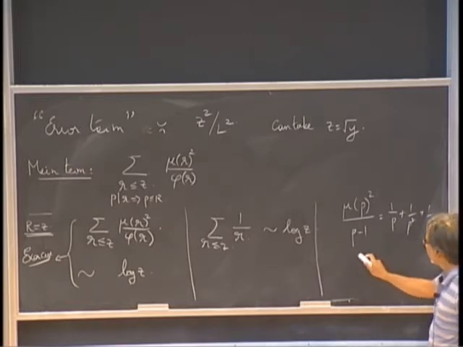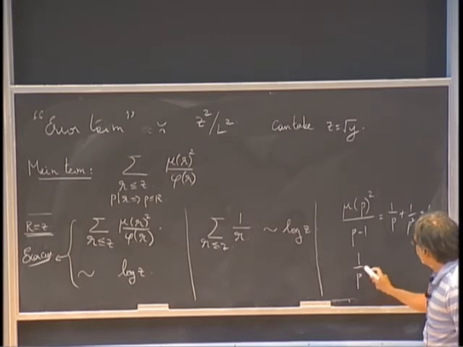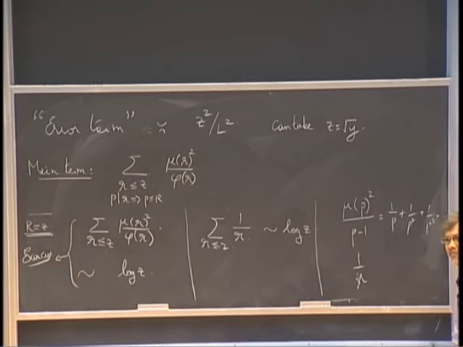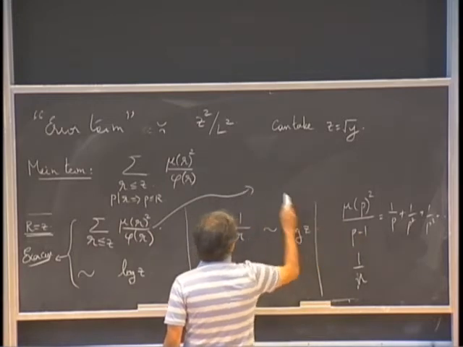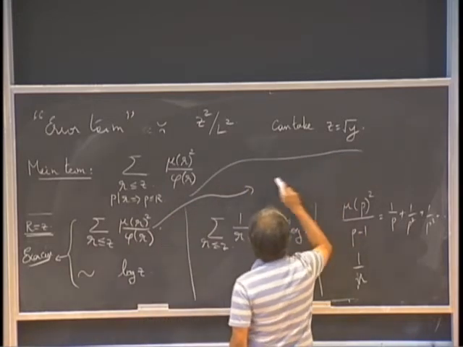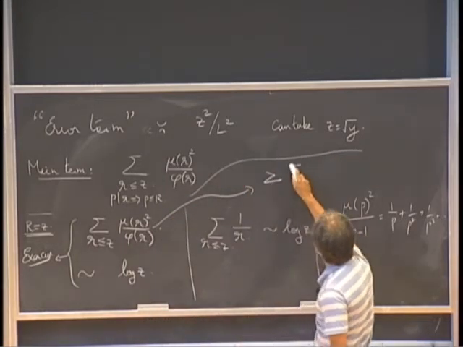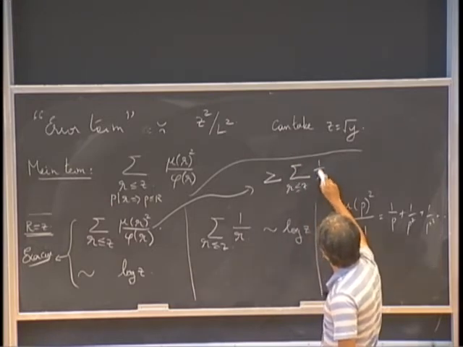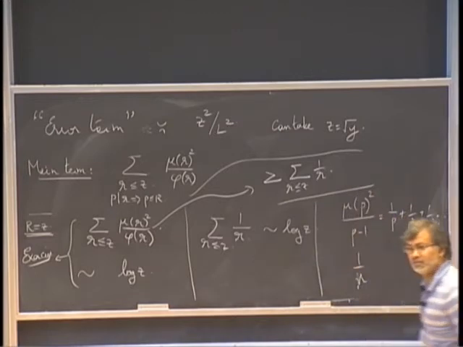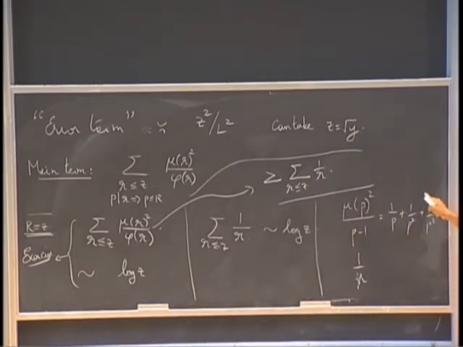Which is like what I would get if I had 1 over n, if you like. Does that make sense? So you can see that this sum is actually bounded below by the sum over r up to z of 1 over r. Right? Okay, so there you can see the constant is 1.